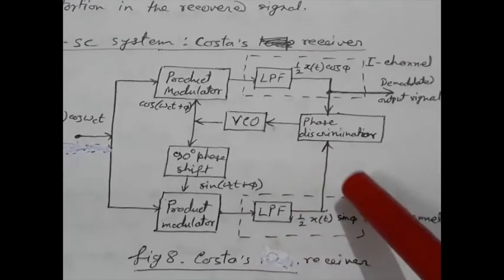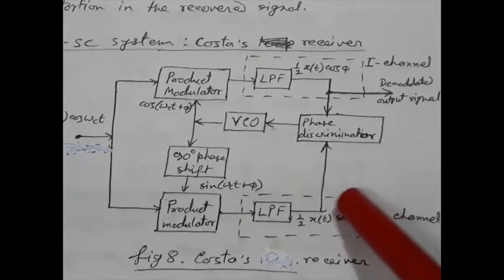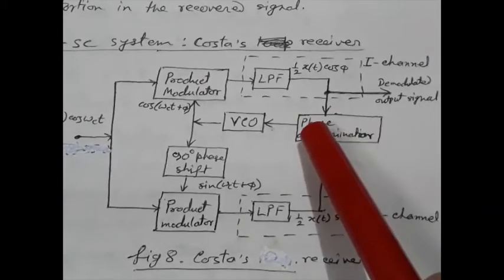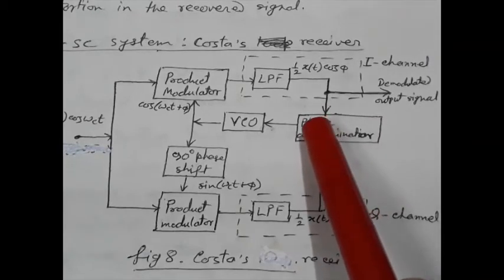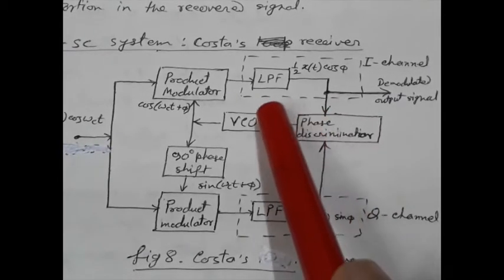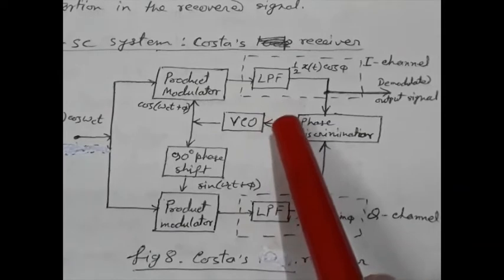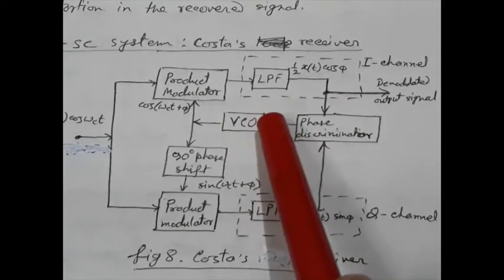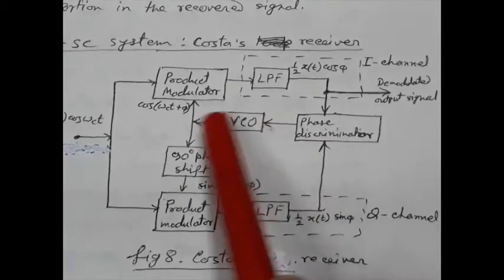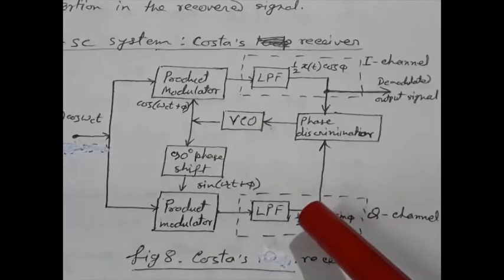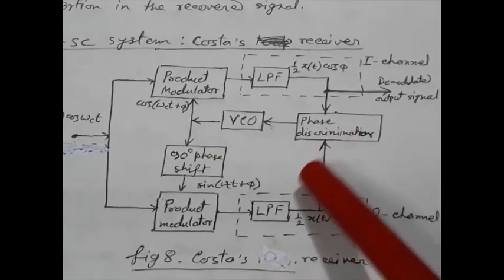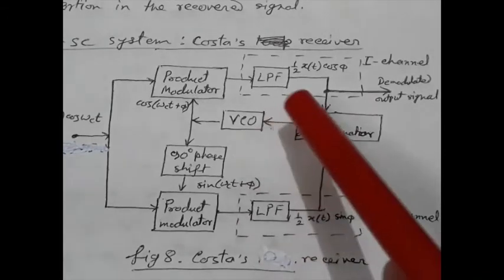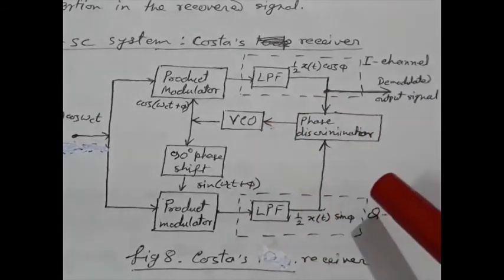That means whenever there is some signal present in the Q channel, the phase discriminator will identify that change in phase, and accordingly it changes the output voltage, so that the input to the VCO will change and it will change the frequency. So this is the basic operation of this Costas receiver.